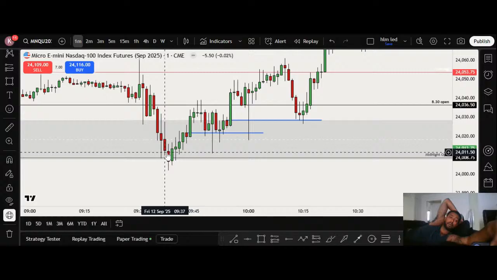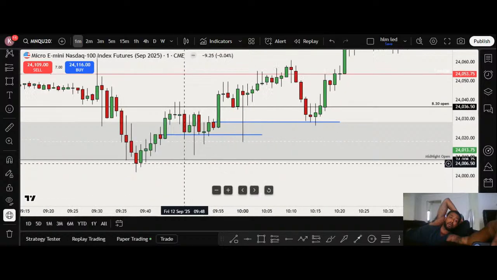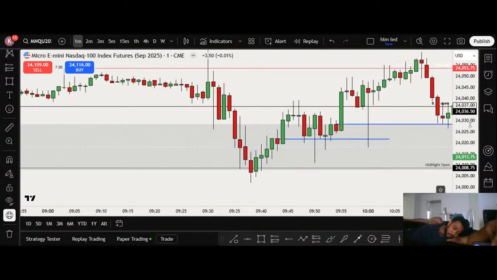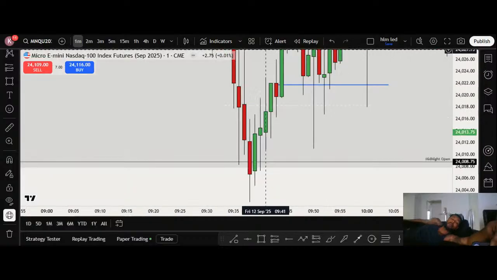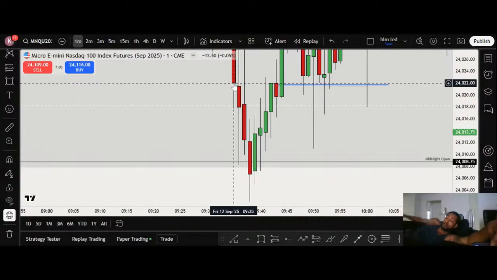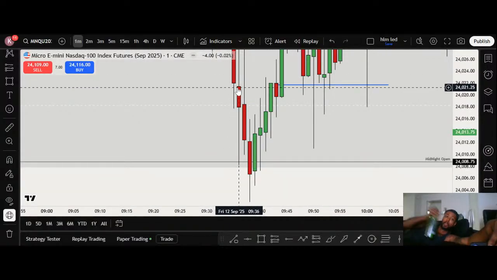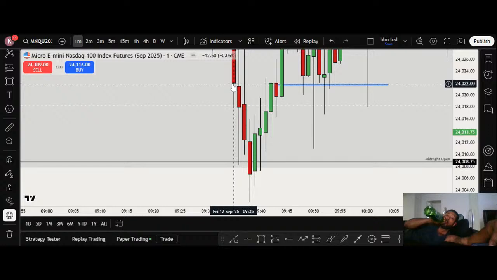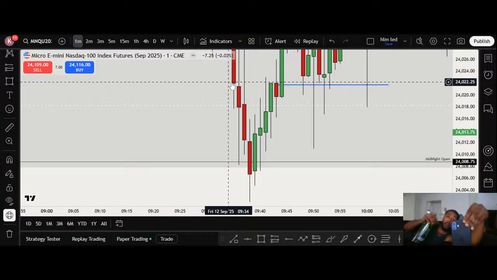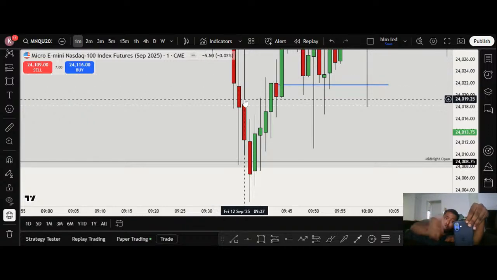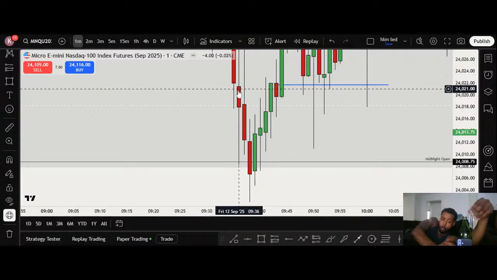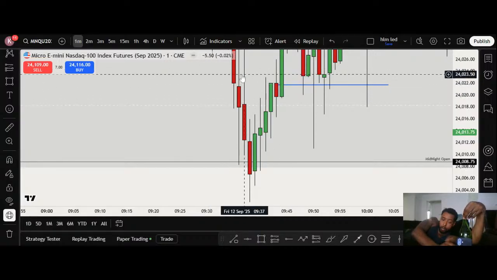See how the bodies don't touch? See how we got the bodies right here? This body is not touching this body. That's known as a volume imbalance. It's bearish because we're going down. It got created in the leg that was going down. So you want to see things like that start to get disrespected.